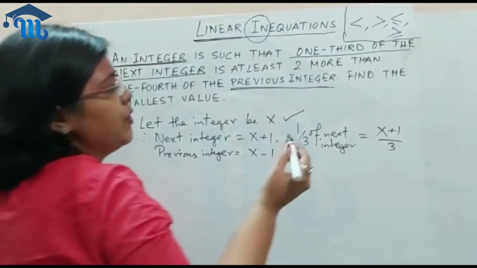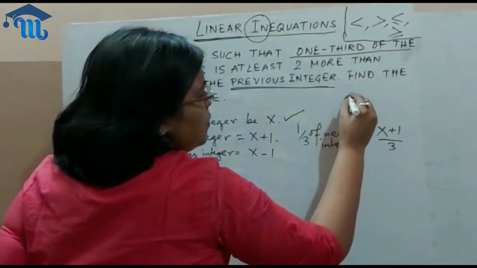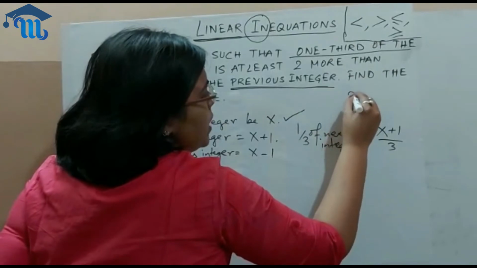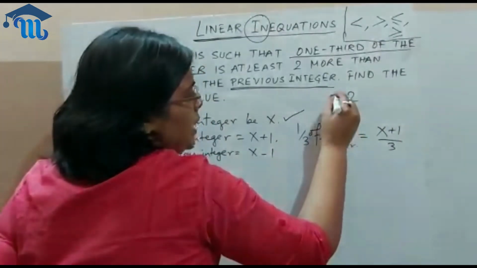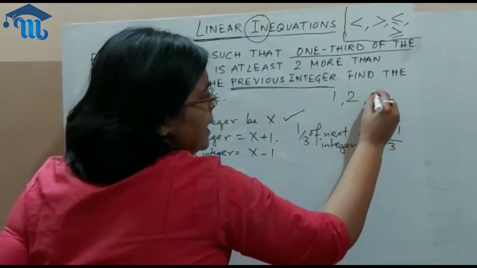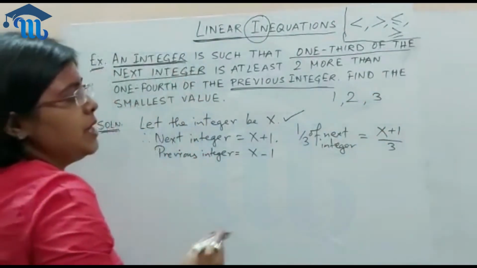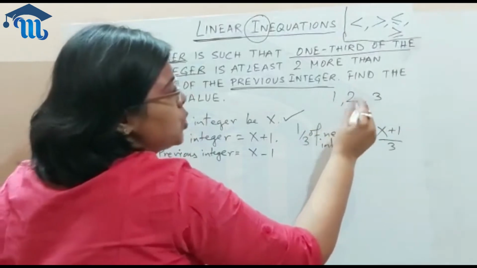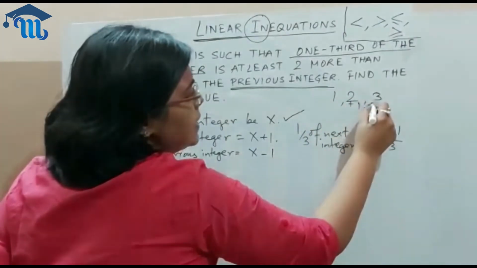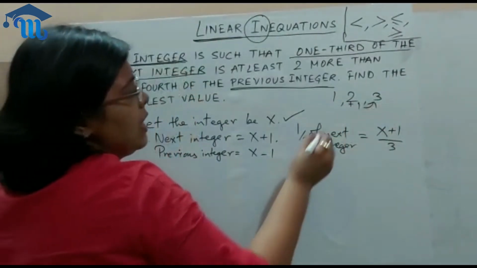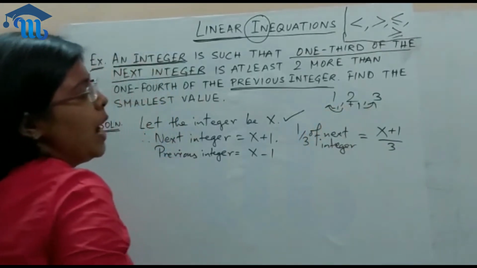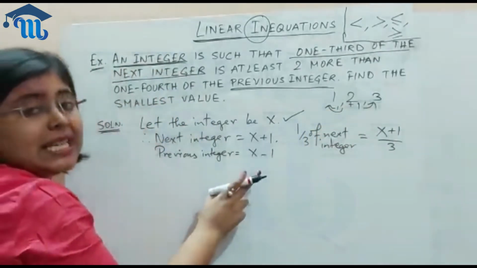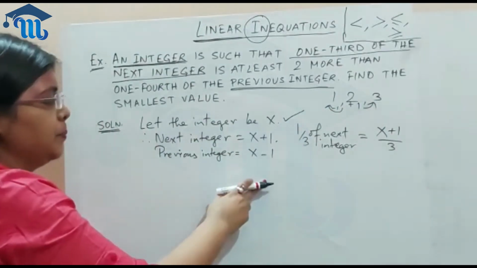So let's say if 2 is my integer, then the previous integer is 1 and the next integer is 3, which means if I add 1 to 2, I get the next integer. If I subtract 1 from 2, I get the previous integer. That's exactly what we have done over here.